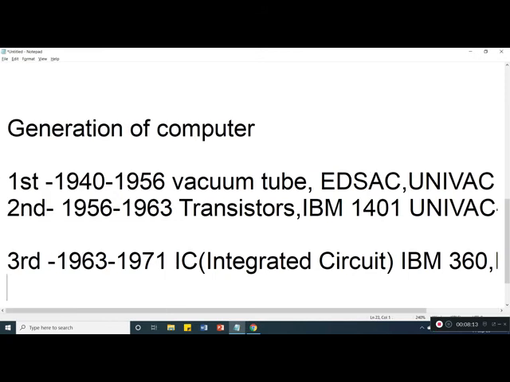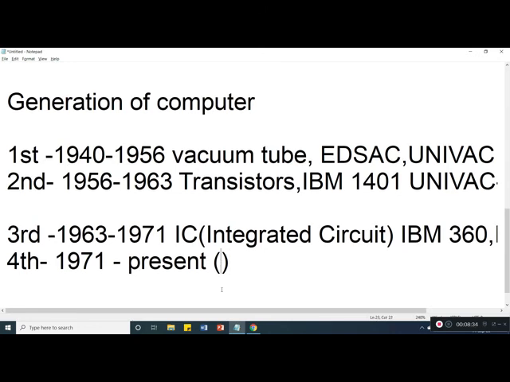The fourth generation is 1971 to present. We are using this kind of fourth generation computer, with a microprocessor.